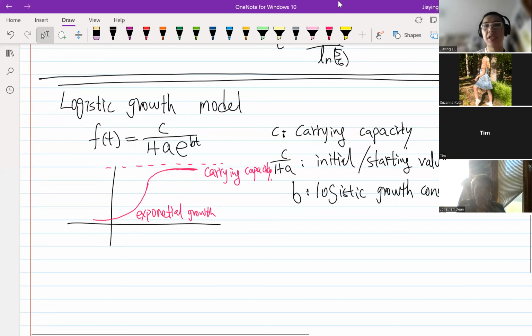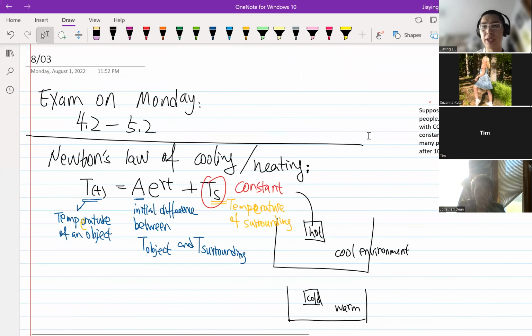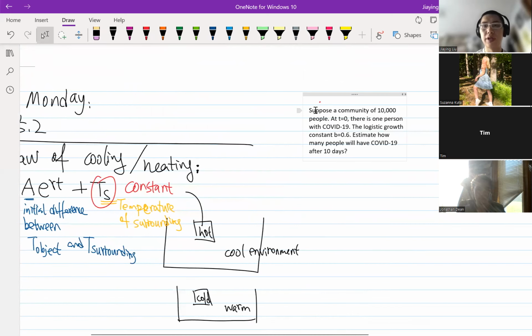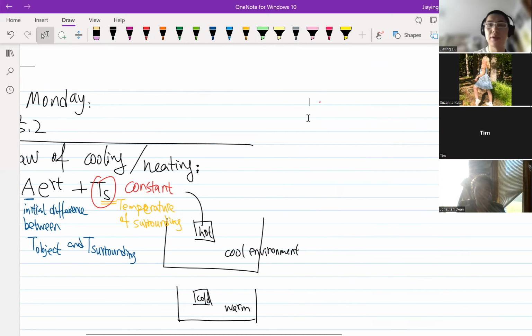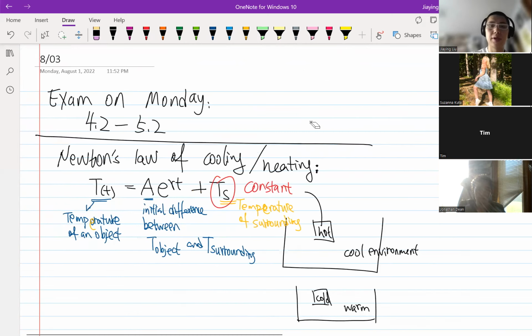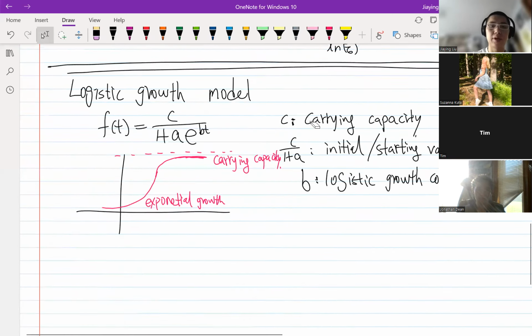All right, so here's the second example that I took from the book, well, sort of. Let's see, I'm just going to cut this whole thing and put it here.